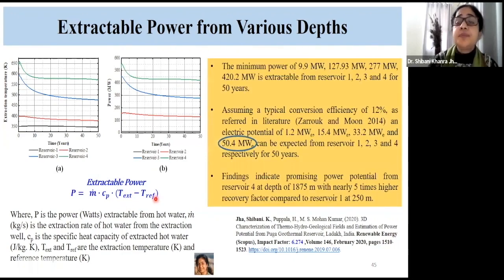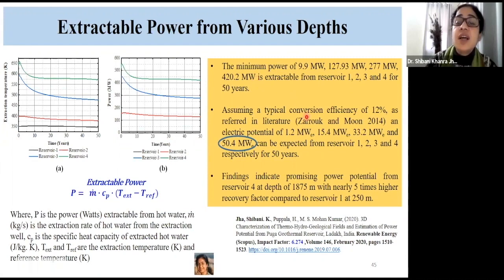Then finally, one of the objectives was to assess the potential which can be obtained from this. It has been found that from different depths, as you can see, nearly 10 megawatt up to 421 megawatt is possible to be extracted from the different depths of this geothermal field.